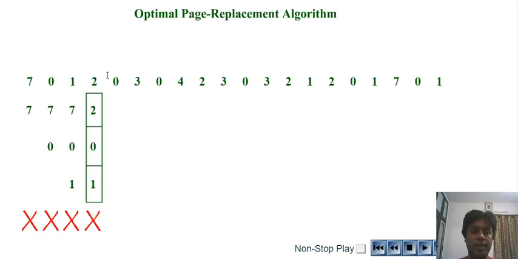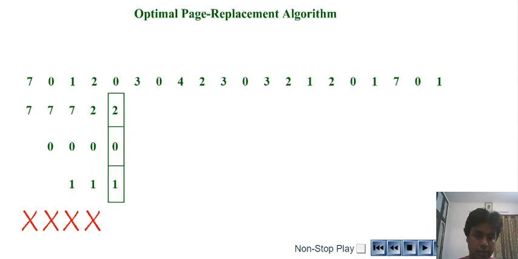Now, as you can see, the next request is for 0 and 0 is already found in my memory. So again it is a clear indication of a page hit, because the page number 0 already exists in my main memory. After this, there is a demand for 3, which is to be swapped into the main memory. But again the problem here is which one to swap out of my frames from the main memory: either 2, 0 or 1.